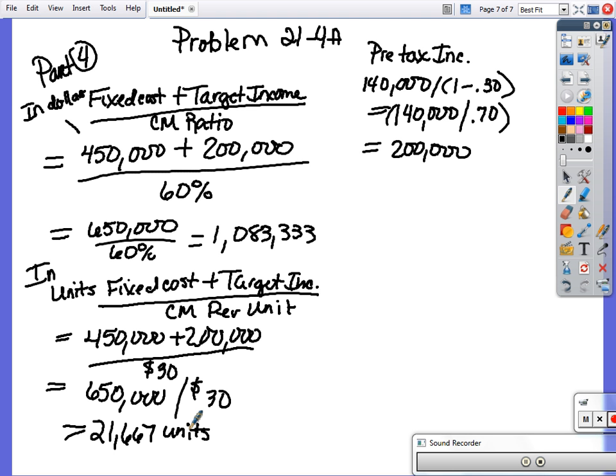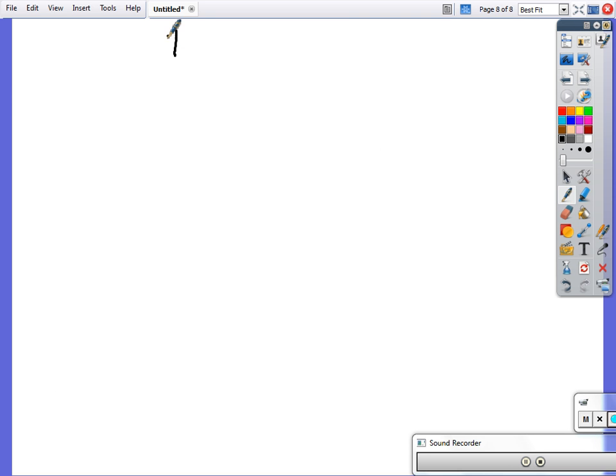Okay, part 5. No, it just keeps on giving. Prepare a forecasted contribution margin income statement that shows the result at the sales level computed in part 4. Assume an income tax rate of 30%. All right. So what comes first?